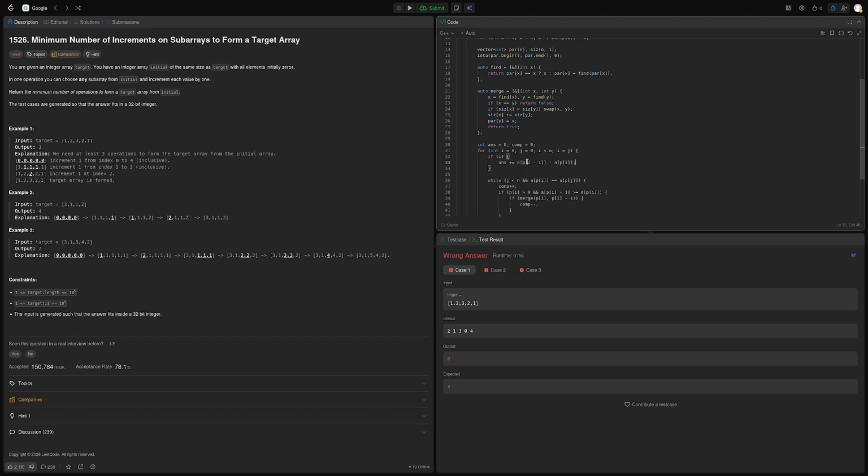So that's the previous larger element, or the index of it. Okay, so that's the delta, and times components, right?